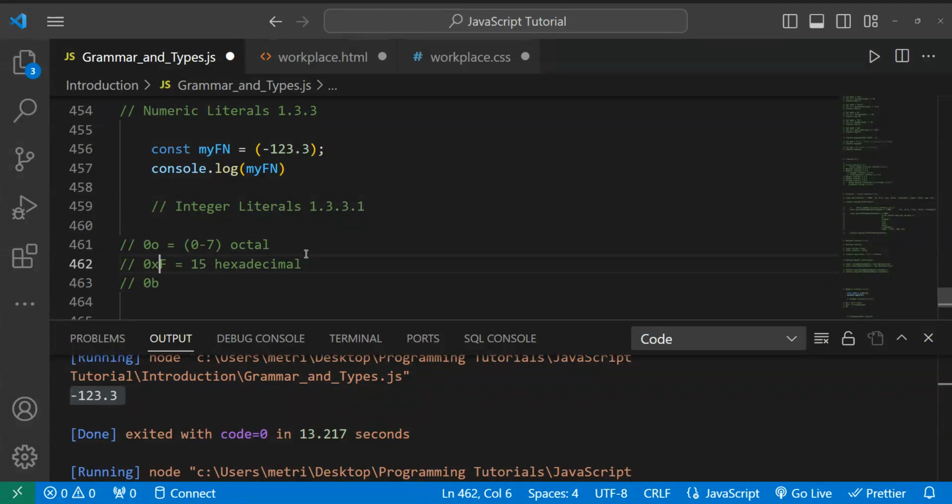For the hexadecimal, we're calling it 0x, which means that this is a hexadecimal number, and we can put the value there. And with lowercase o, it means this is octal, and with 0B, it means this is a binary number.